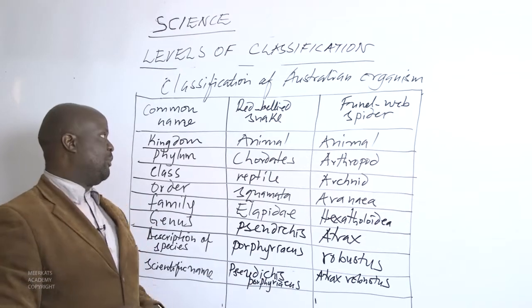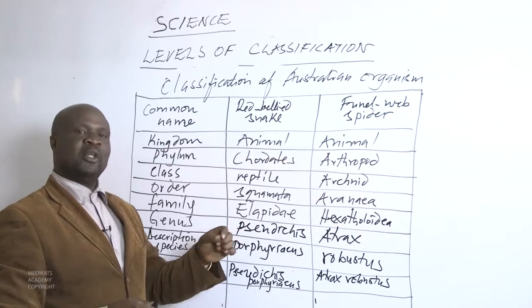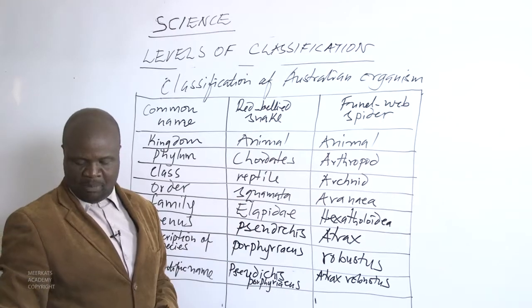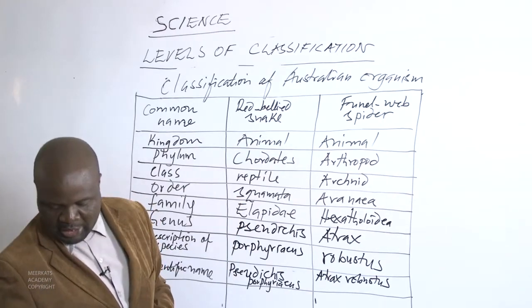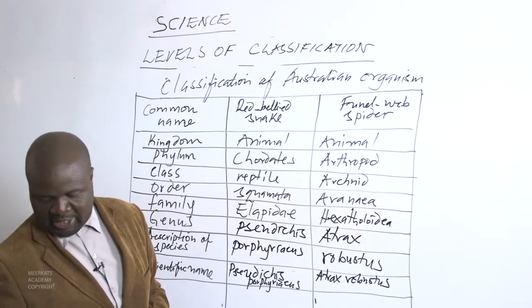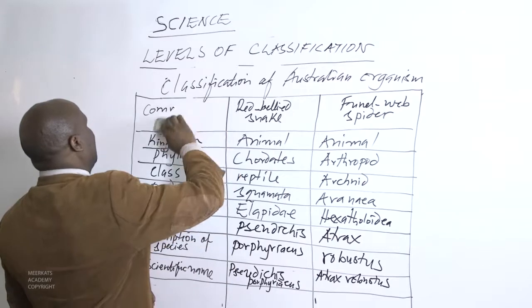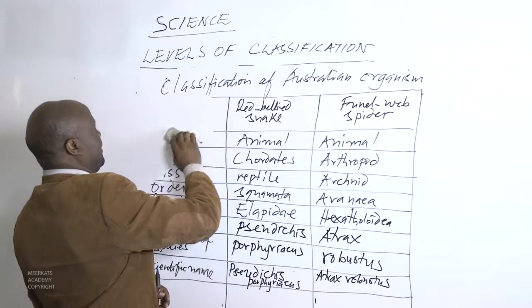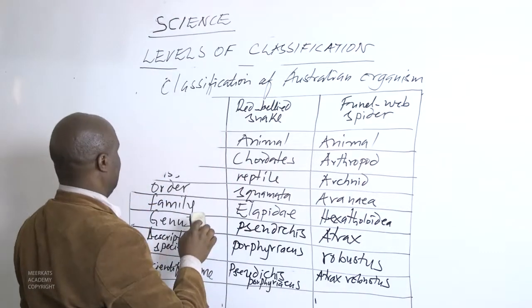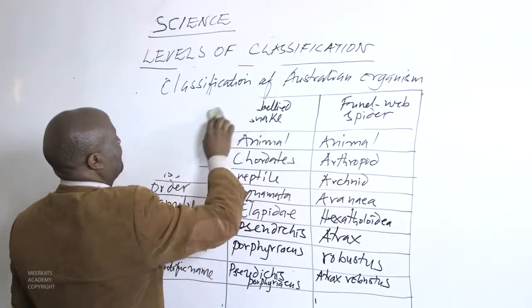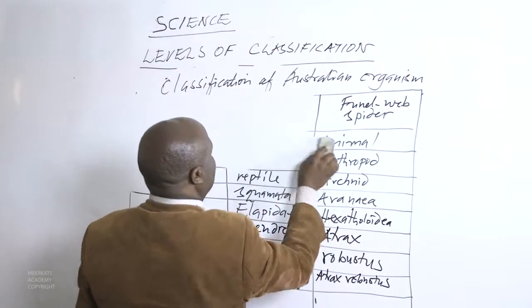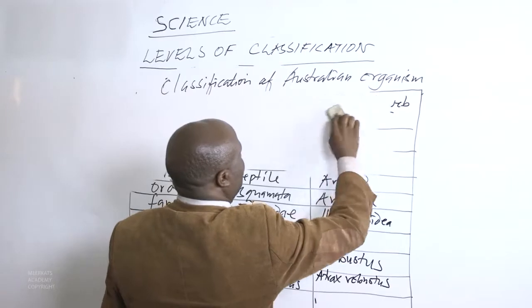The examples we have seen so far belong to the animal kingdom. Maybe we can go to an example of classification among the plants, not animals, and we see what happens. There will be very few changes; maybe there will be a change in terms of the phyla.